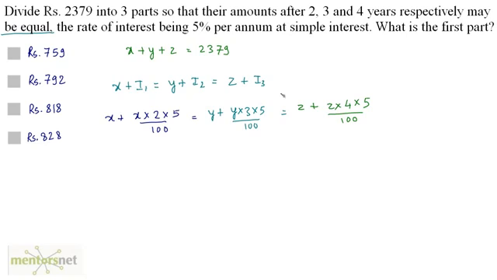And when you solve all of this, you'll get 11x by 10 equals 23y by 20 will be equal to 6z by 5. Now the question is asking you what is the first part. So from this relation, let us express y and z in terms of x.